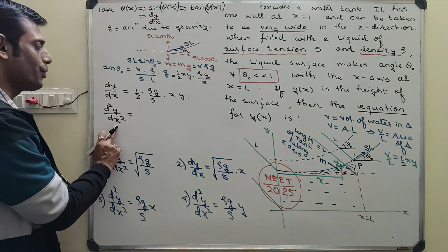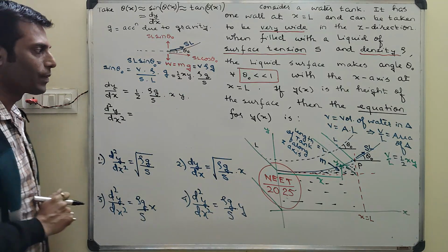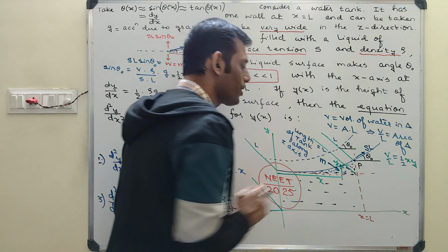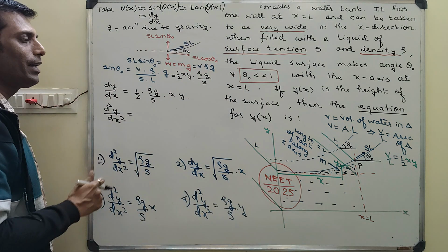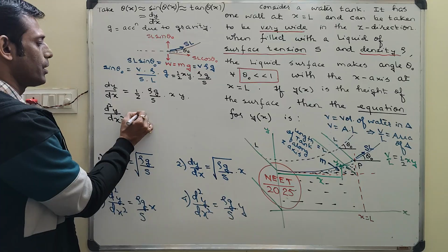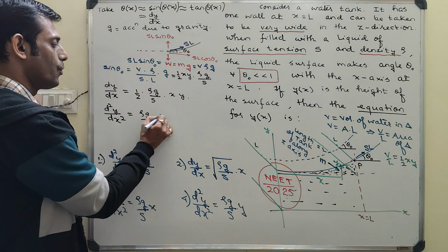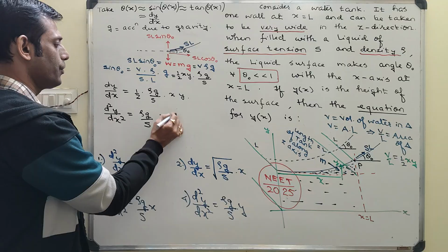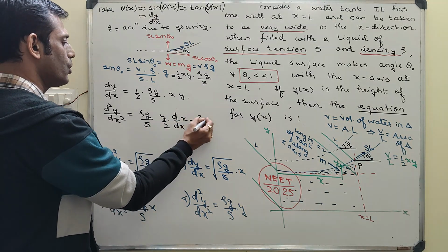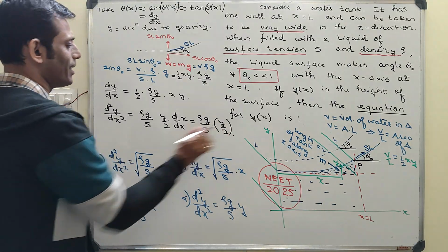d2y by dx square is equal to derivative of this thing with respect to x. The y is not exactly a function of x, it's a y value at some x position. So if you just differentiate, rho g by S kept constant, y by 2 kept constant, and if you differentiate dx of x, you are simply going to get rho g by S into y by 2 as the net answer.